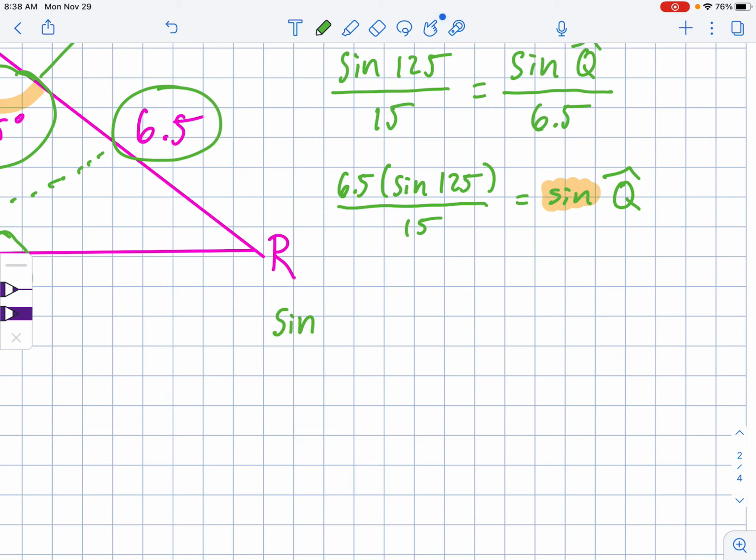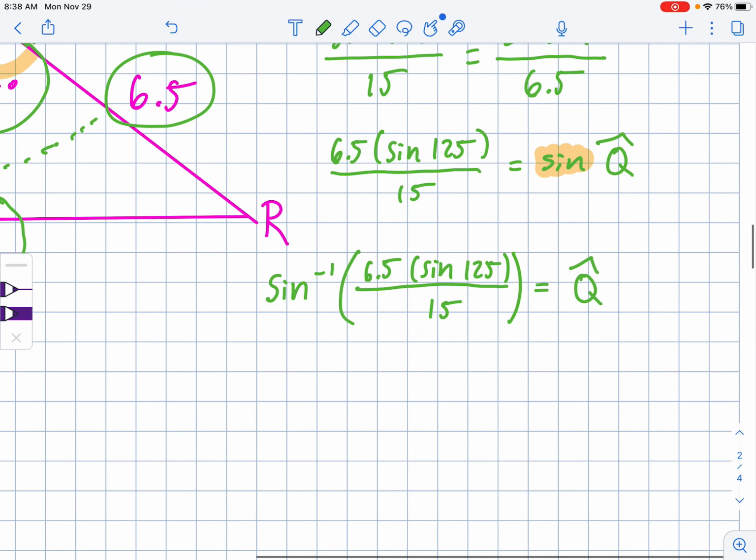So that's the button that's right above sine on your calculator, the sine to the -1. So sine to the -1 of 6.5 times sine of 125 all over 15 is equal to angle Q.